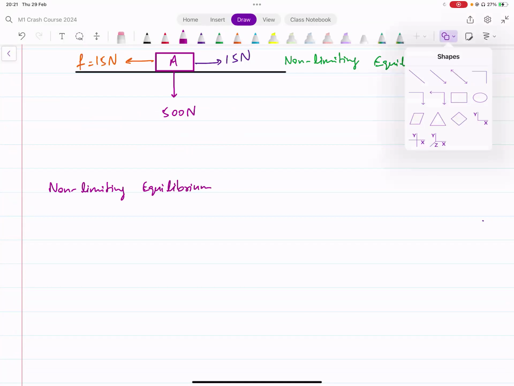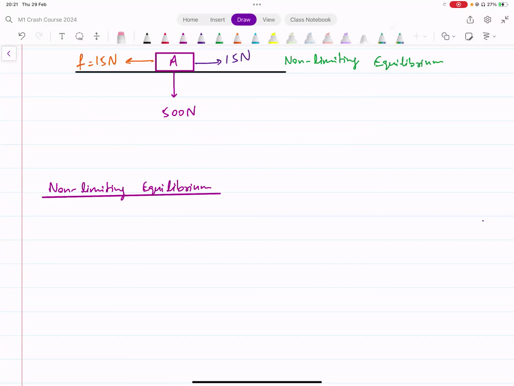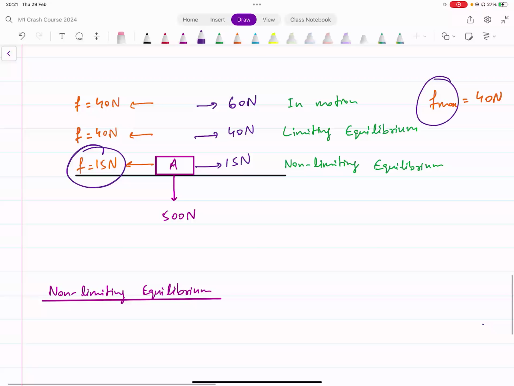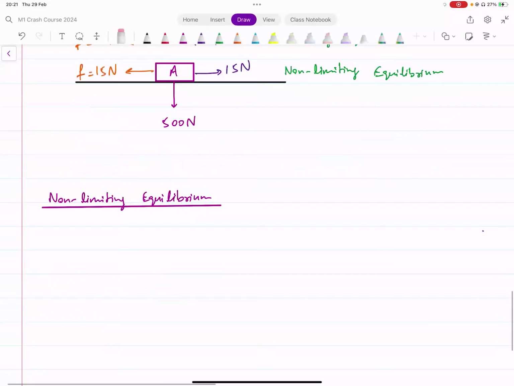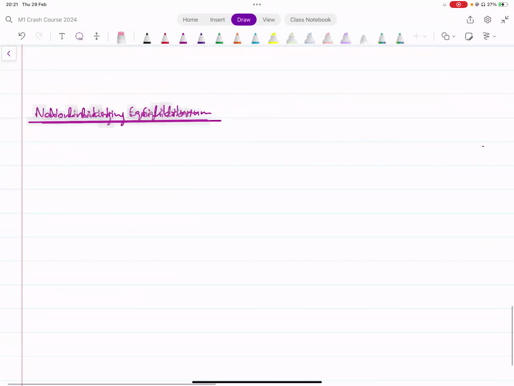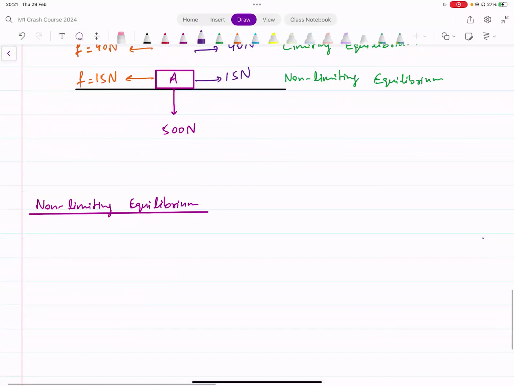When the object is in non-limiting equilibrium, the friction value is still less than its maximum value. 15 is less than 40. Friction has not reached its maximum value yet. In case of non-limiting equilibrium, your friction is less than the maximum value of friction.